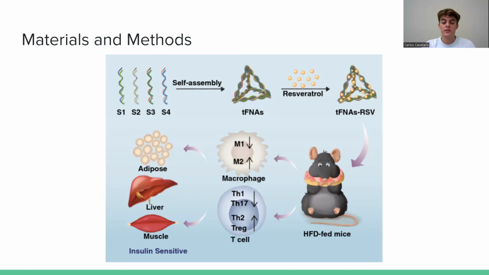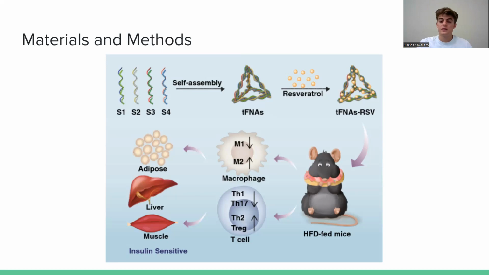The normal diet group was fed a normal chow diet, whereas the high fat diet group was fed a diet that consisted of 60% calories from fat, 20% calories from protein, and 20% calories from carbohydrate. After 8 weeks of feeding these diets, the mice in the high fat diet group were split into a further 2 groups.